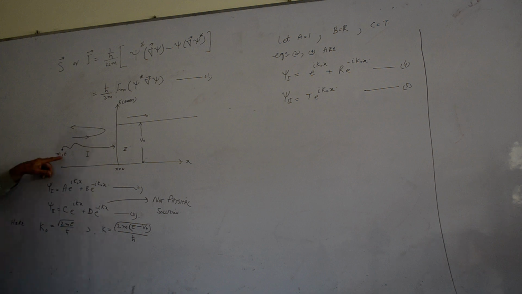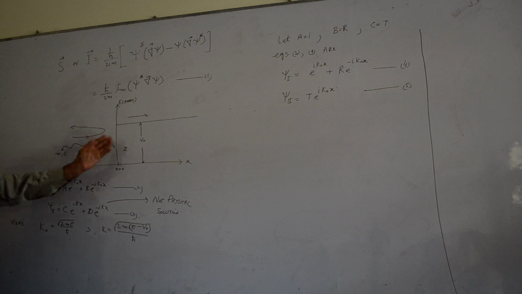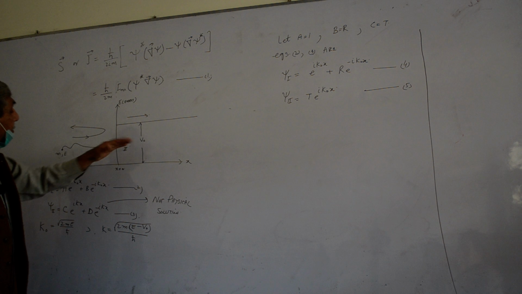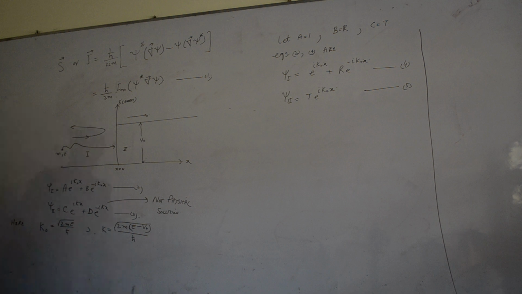However, if E is less than V naught, then classically there is no probability of transmission and everything will be reflected. So reflection will be 100%, and if E is greater than V naught, the transmission will be 100% classically.